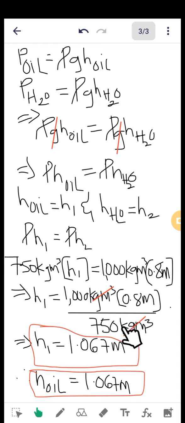Upon dividing, the units will cancel, leaving only meters. So my height H1 will be 1000 times 0.8 divided by 750, and we get 1.067 meters. So the height of the oil is 1.067 meters. Thank you.